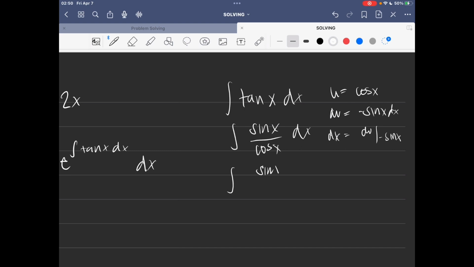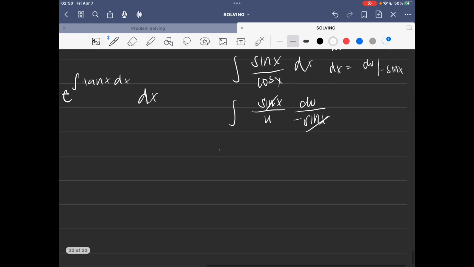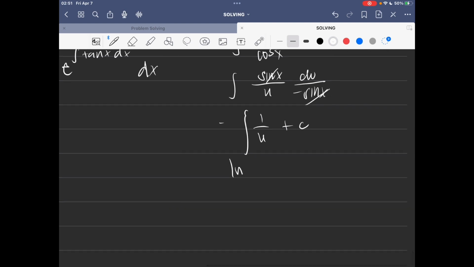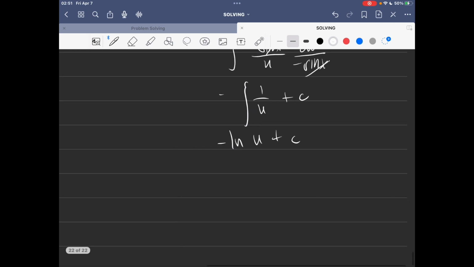Sine x over u, du over negative sine x. Cancel sine x, we are left with negative 1 over u. So the integral of 1 over u is ln of u plus c, so negative ln of u plus c.